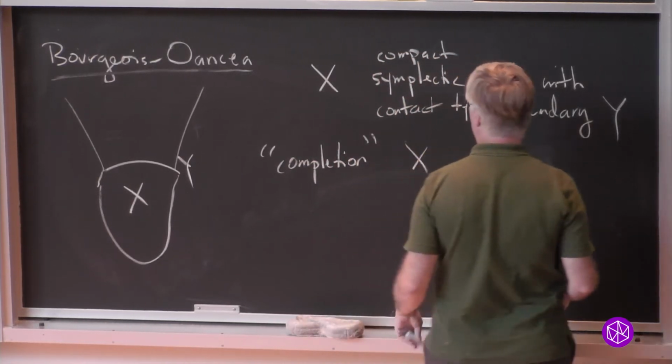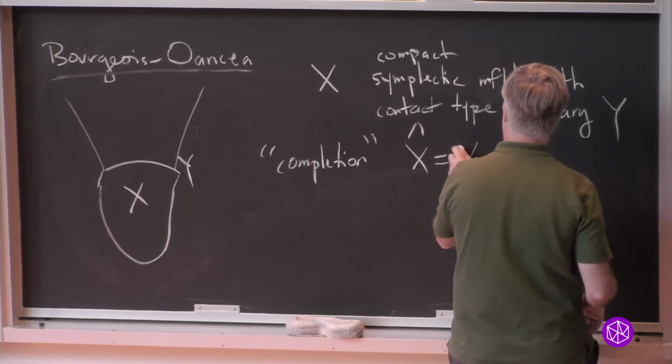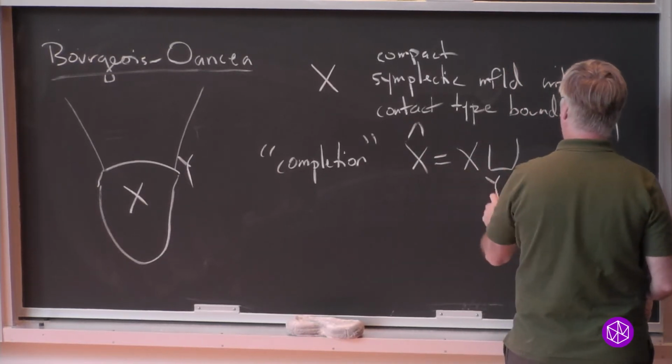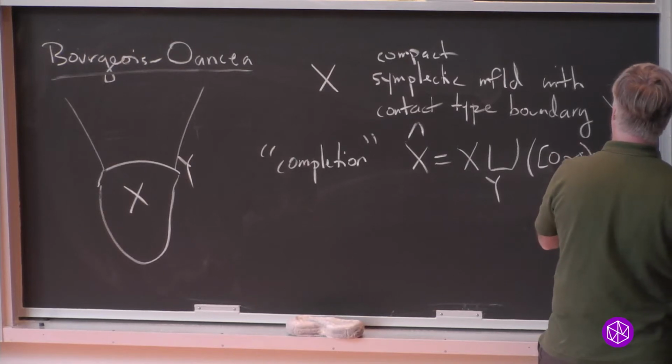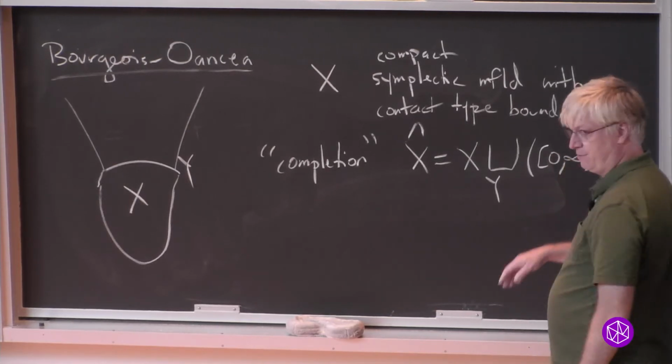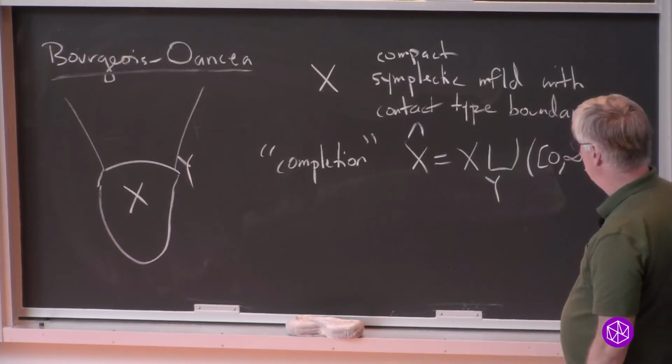Denote by X hat, which is X union along Y of 0 to infinity cross Y. You can actually put a symplectic structure on this.